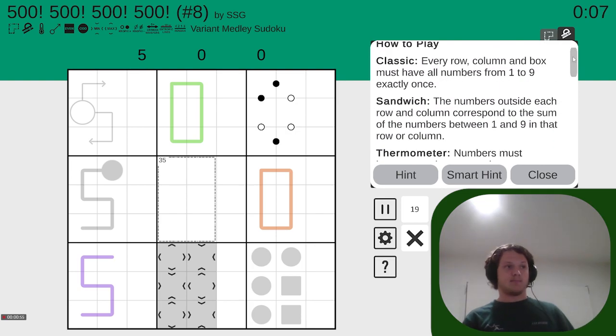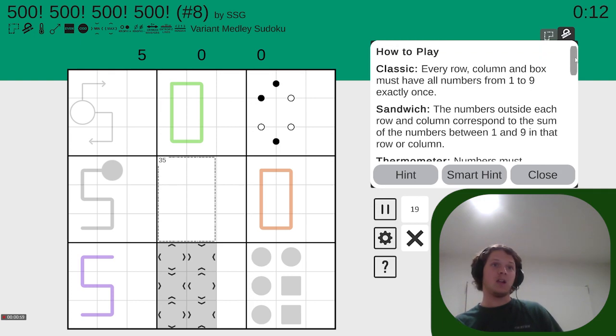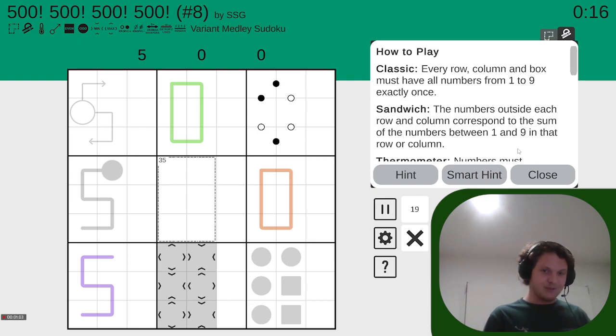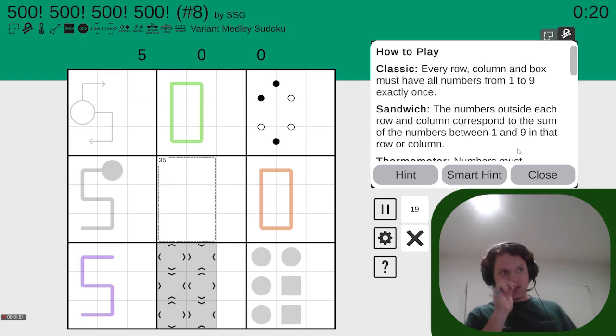There are 10 rules in place, 11 if you count classic. So there'll be a little bit of explaining to go through at the start. This will take me ages to complete, so it's one of those things to have on in the background if you are watching. Okay, we'll run through the rules and then we'll get started.